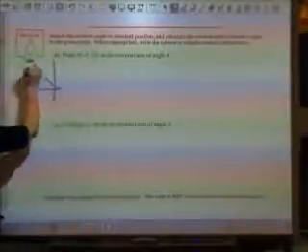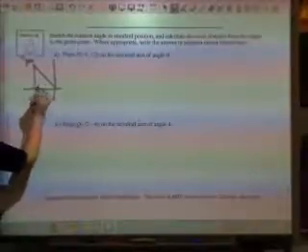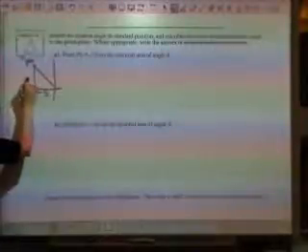And then I can label my point P. If I label my triangle, what would be the length of the horizontal leg? -5. And what would be the vertical leg? 12.